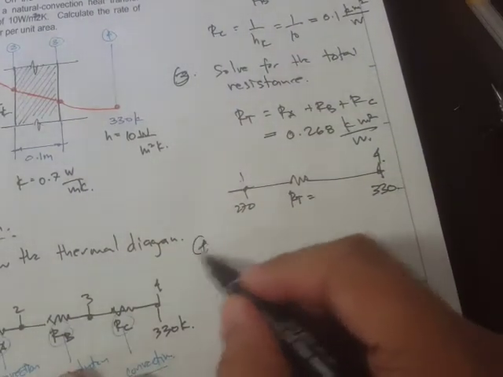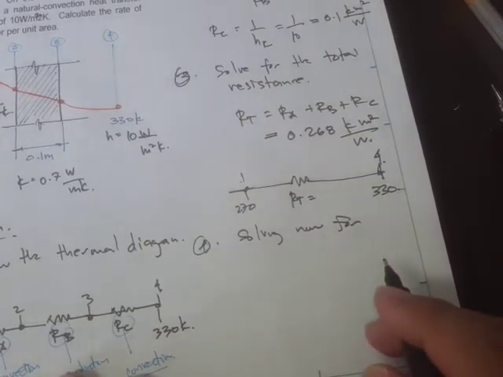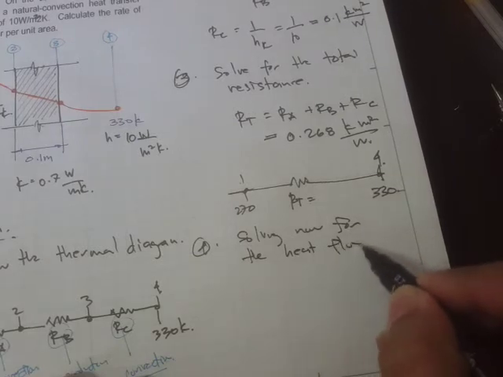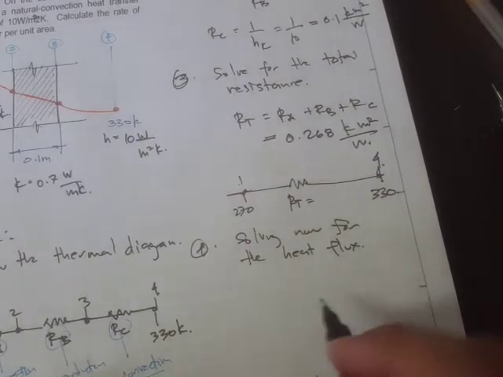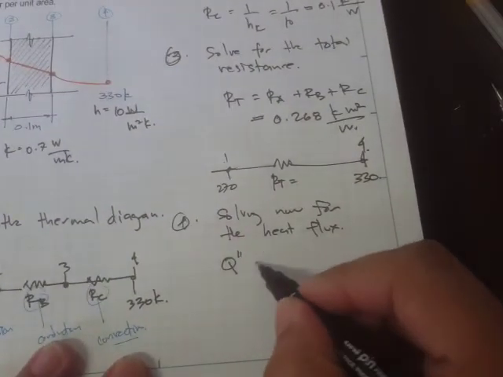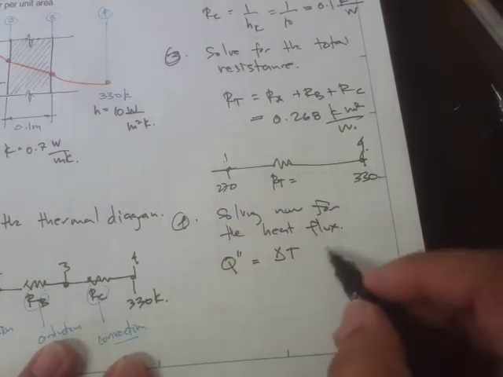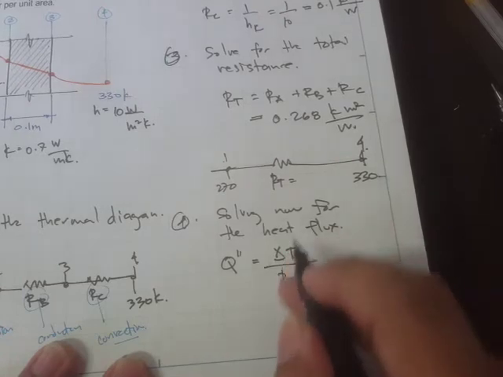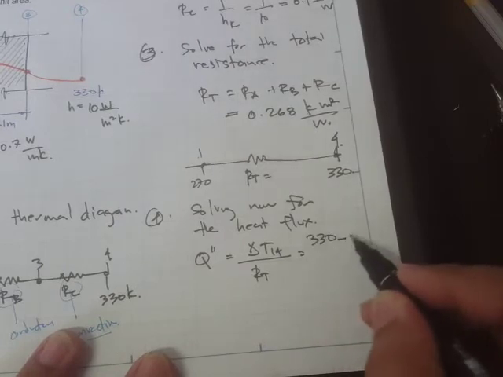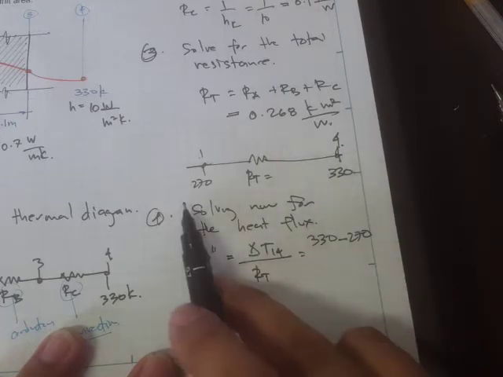Okay, so solving now for the heat flux, this is Q, and then delta T from point 1 to point 4, divided by the total resistance. This is 330 minus 270.